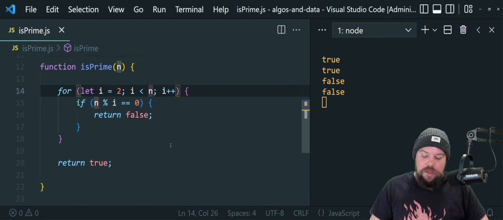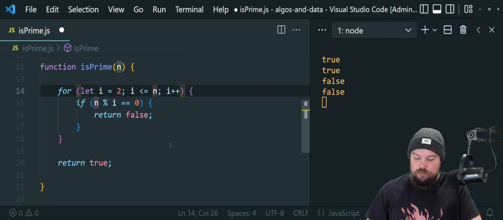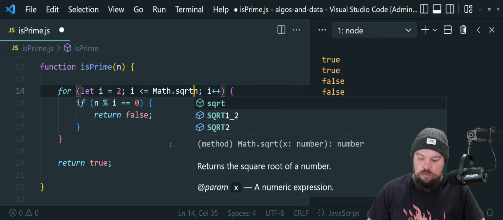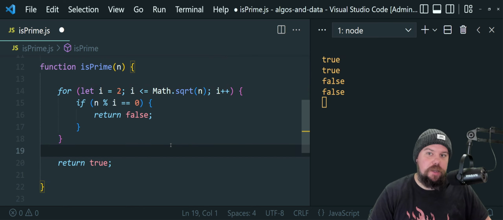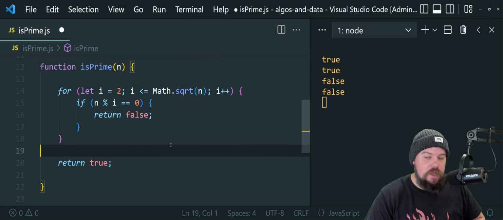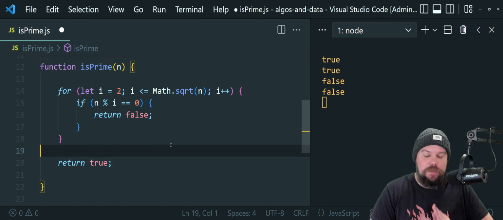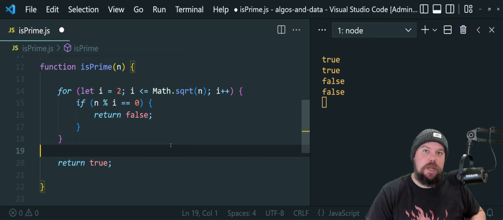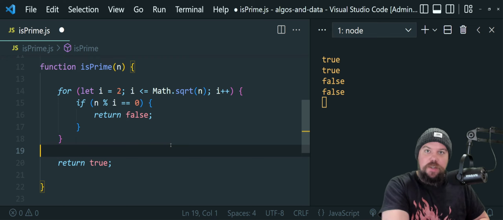We can instead loop up to and including the square root of our number. This one little trick massively cuts down the number of iterations our loop would do, making this a much more optimized solution compared to looping through every single number.